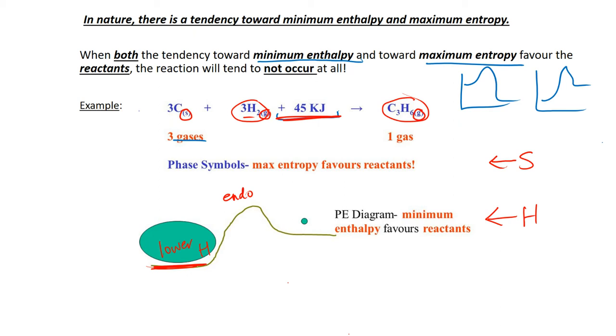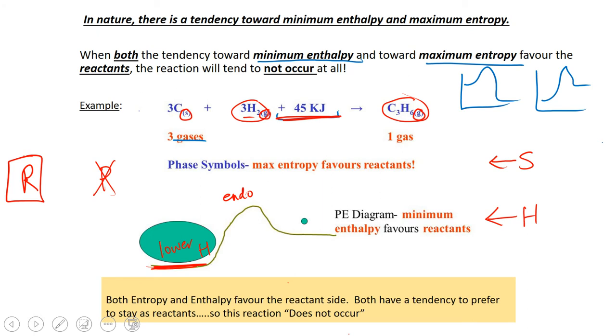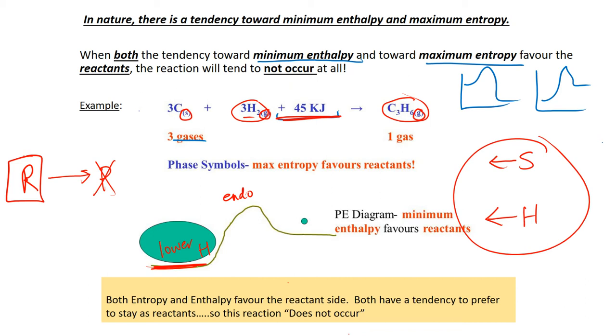Now we've got 2 votes. Each vote wants this system to be reactants. They don't want this system to be products. They want this system to lie towards the left-hand side, and that's what will happen. We're going to predict that this reaction does not occur. These reactions are not going to turn into products because these 2 factors don't want them to.